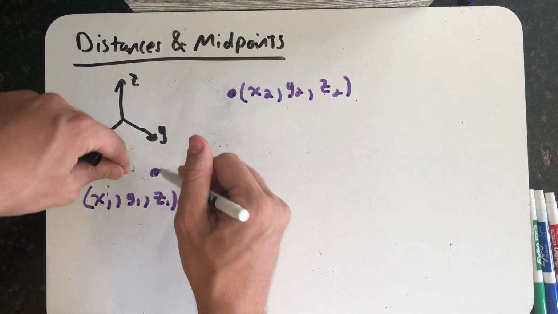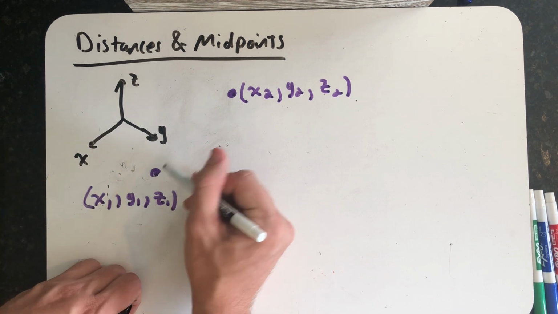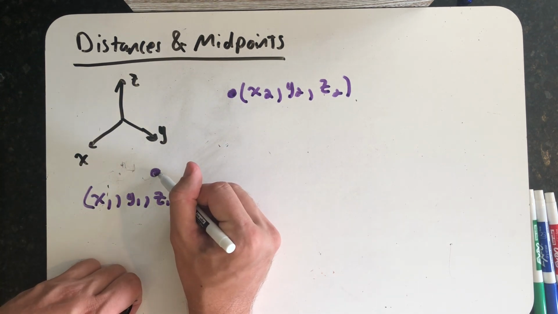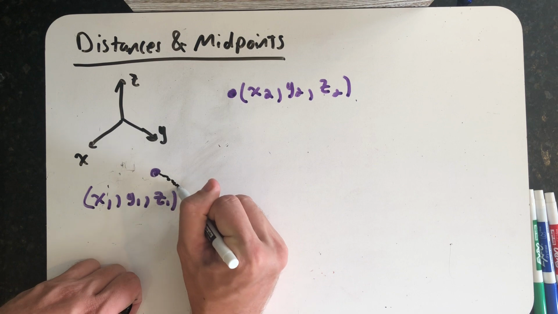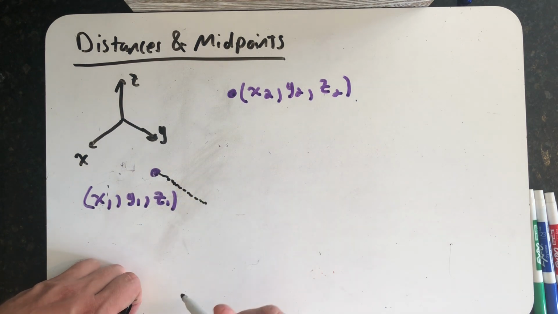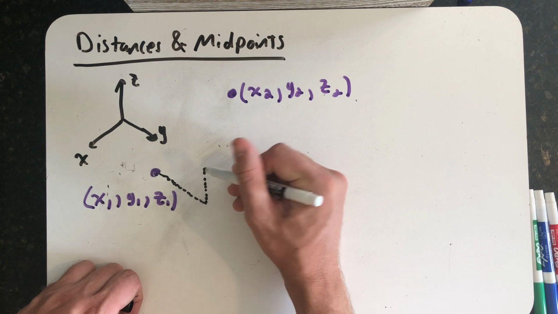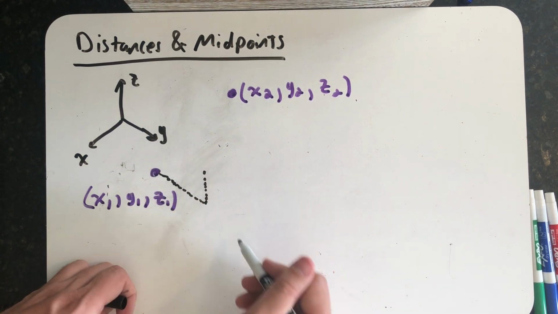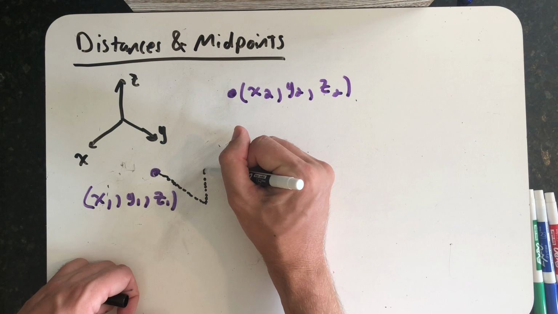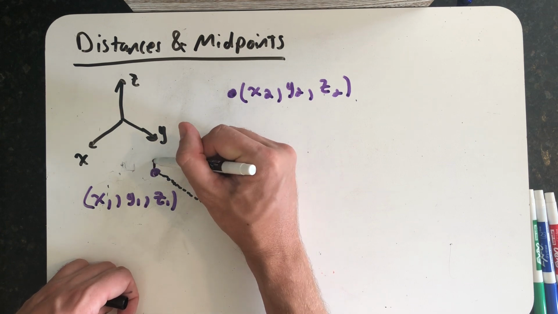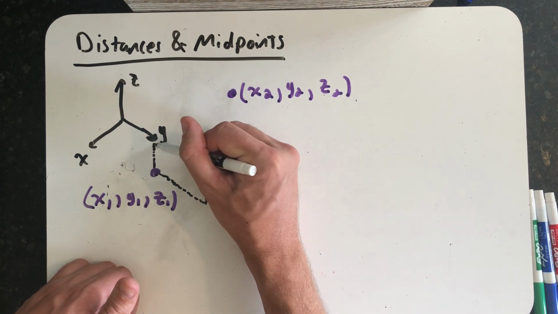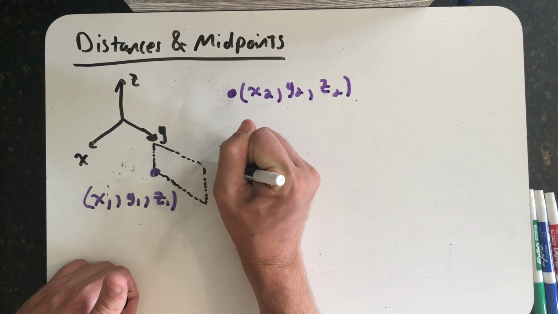So now think about starting at this point. Right, to get to that one, it's like the y-coordinate would have to change, so I go some distance in the y direction. Right, the z-coordinate changes, so I have to go some distance z. Remembering that when I draw these things, I'm going parallel to an axis. Right, and then I'm going to complete what I would think of as the front face of that rectangular prism.